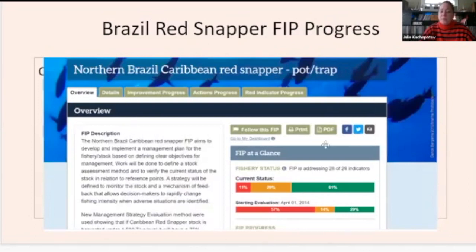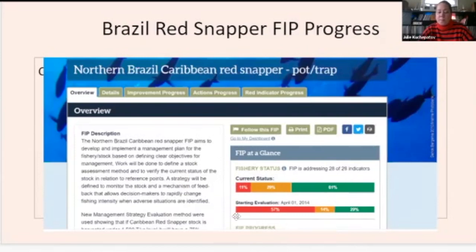Again, this is a snapshot from fisheryprogress.org about the Brazil red snapper FIP. Again, the link is in here later to view. So it tells you the description of the FIP, what they did. This is one thing that was missing from the one I showed you on the online version. This is the current status of what they've been working towards, kind of red, yellow, and green.